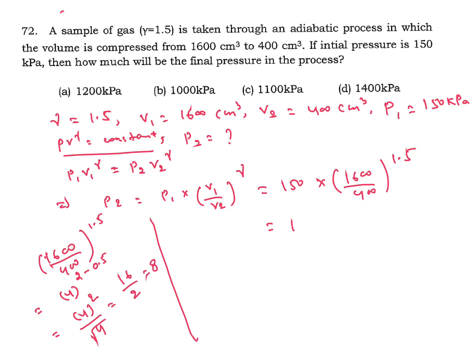So it's 150 into 8, then 1200 kilopascal or kilonewton per meter square. From the options it's A. A is our answer.